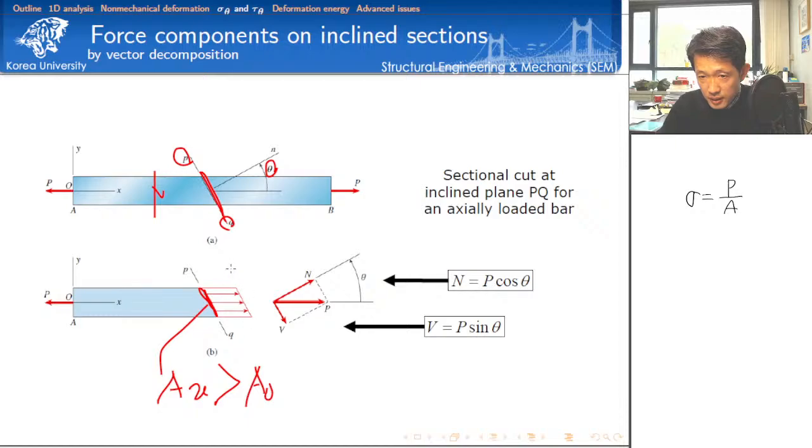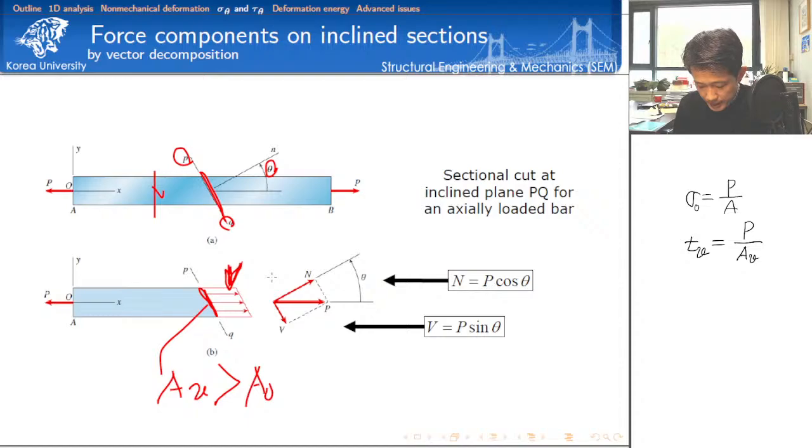Okay. So now let's try to calculate the magnitude of this traction. The traction on this surface is equal to the applied force P divided by the area A theta. Let's compare the normal stress sigma naught and the traction P theta here.